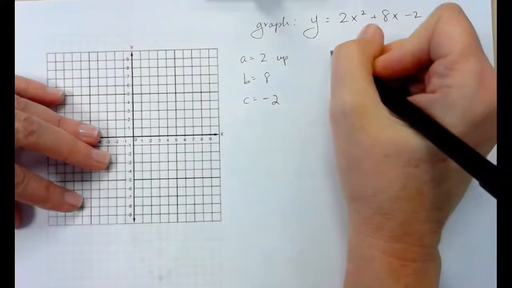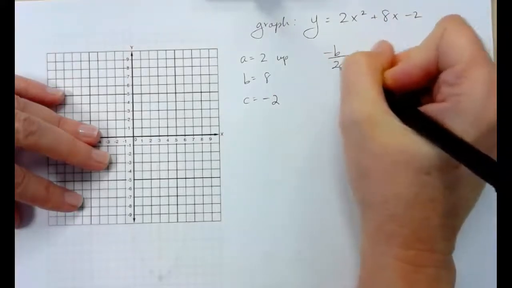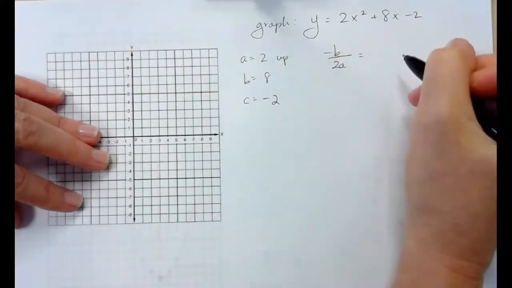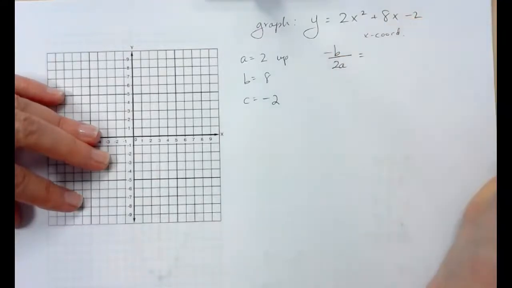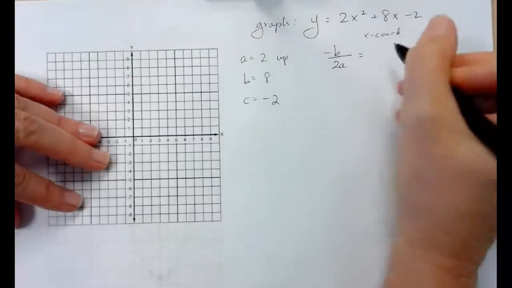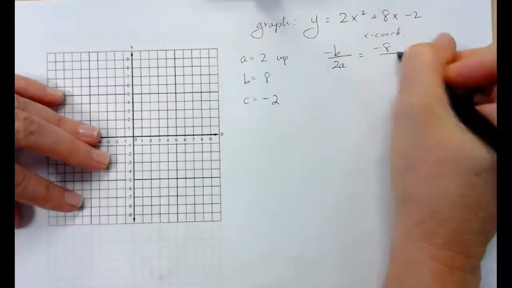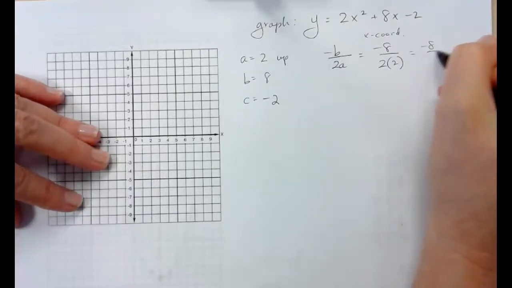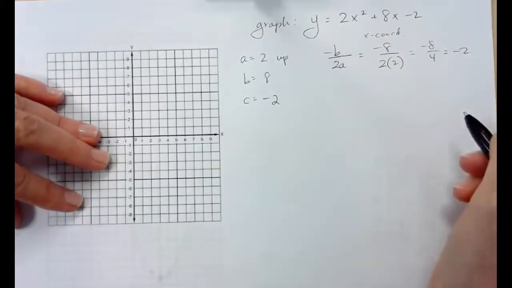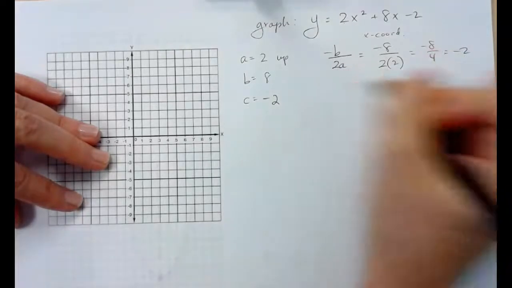We're going to utilize the vertex formula, which is opposite of b over 2a, in order to get the x coordinate. We're just going to find the x coordinate of the vertex. So opposite of 8 over 2 times a, 2 times 2, that's negative 8 over 4, that's negative 2. Now, there was some question of, what do I do with that?